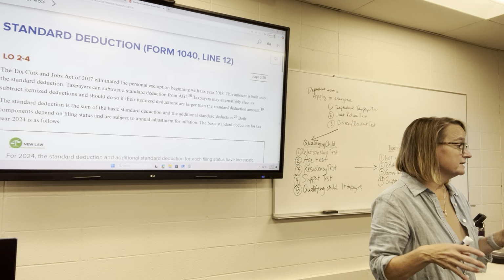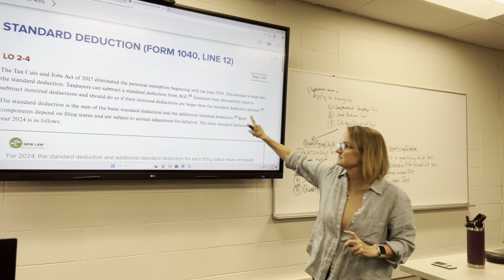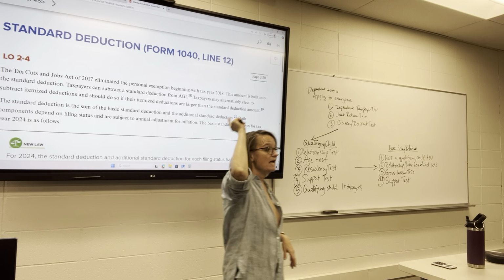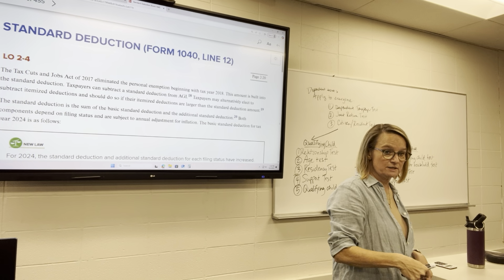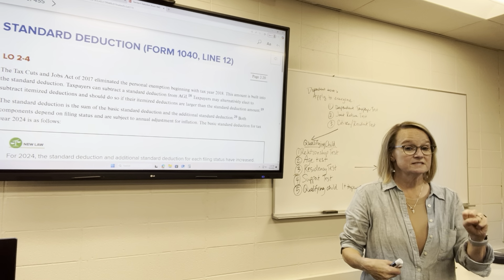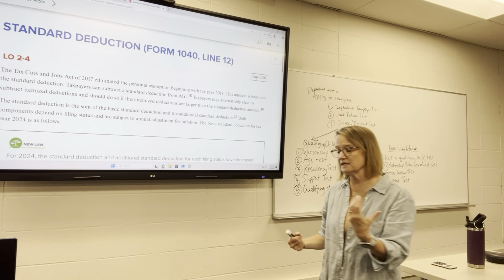Most taxpayers take the standard deduction, especially since this Tax Cuts and Jobs Act of 2017, when that was passed, it significantly reduced the number of people taking itemized deductions, because it limited the itemized deductions quite significantly. So for most people, it was most beneficial to take the standard deduction.